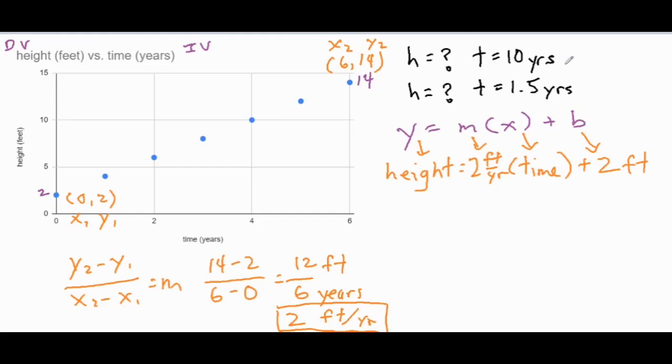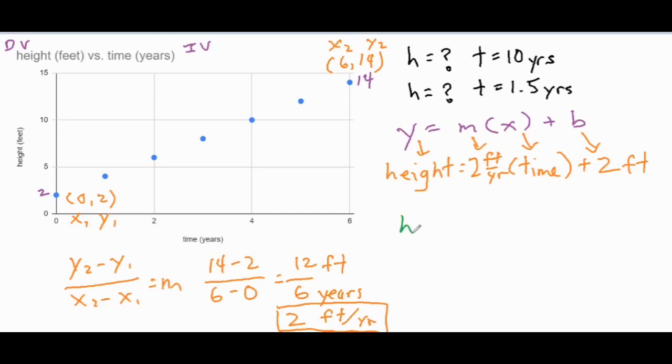So we have 2 problems where we're going to find a height where the time is 10 years, and a height where the time is 1.5 years. Now, this only goes to 6 years, so we're extrapolating, going off the graph. Could you see the trend and maybe guess because it's fairly linear? Yes, but one of the best things to do would be to use your actual formula.